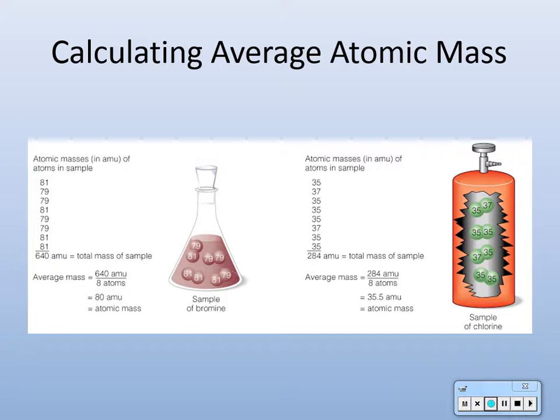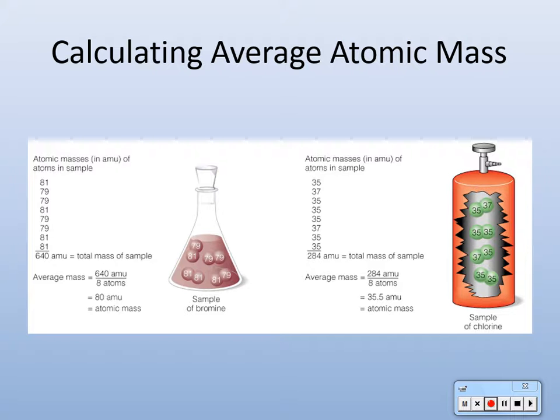Chlorine is a gas, naturally, and we have a sample of this gas inside of this container. It looks like a helium tank, but it has chlorine inside of it instead. Don't breathe it in. That's not good for you. If we were to take a random sample of 8 chlorine atoms, let's say we could, we would find there would be chlorine 35s and chlorine 37s.